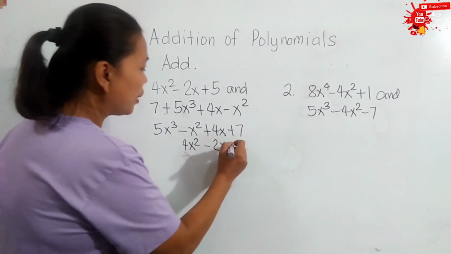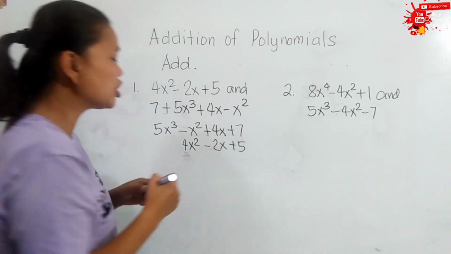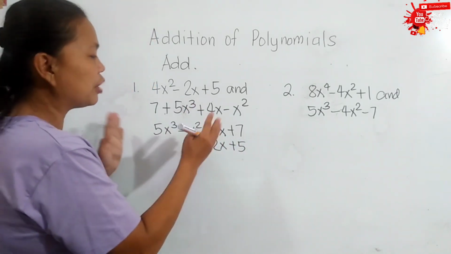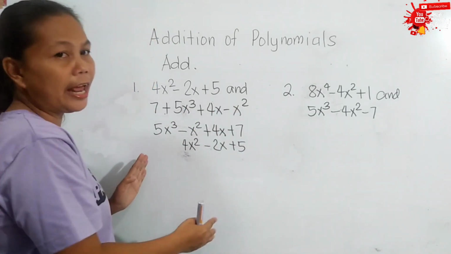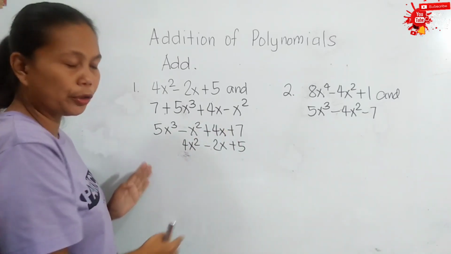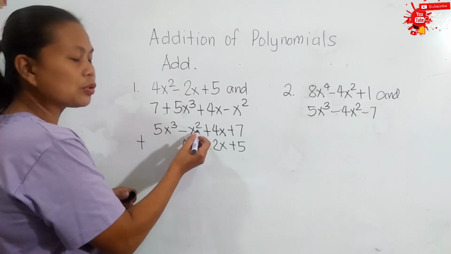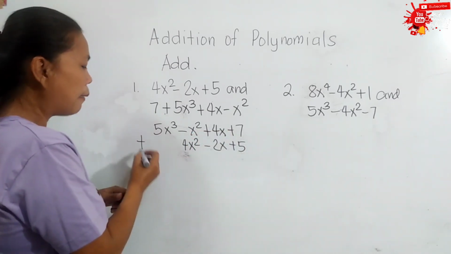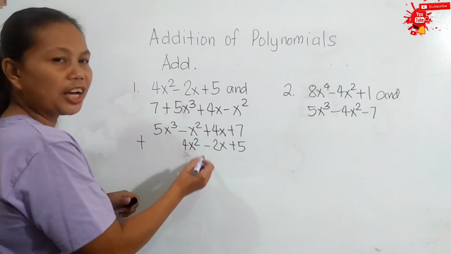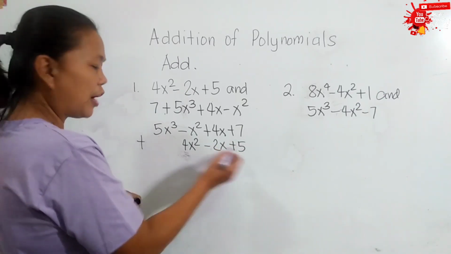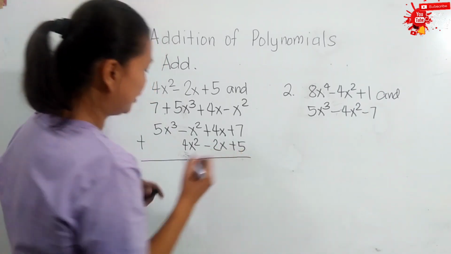So we have here positive 5. So we arrange the given terms of the polynomial vertically according to their similar terms. So we have now here 5x cubed minus x squared plus 4x plus 7 plus 4x squared minus 2x plus 5. So we add.